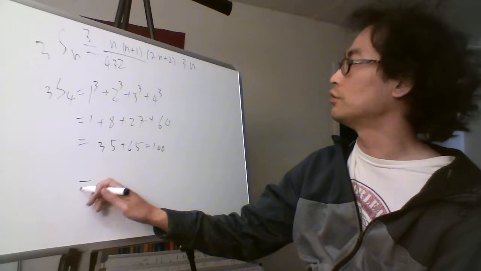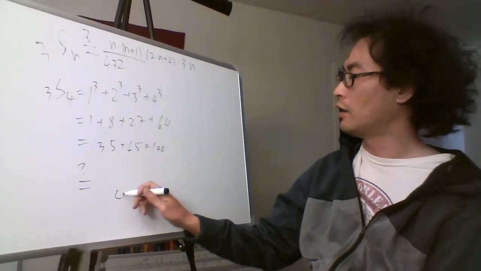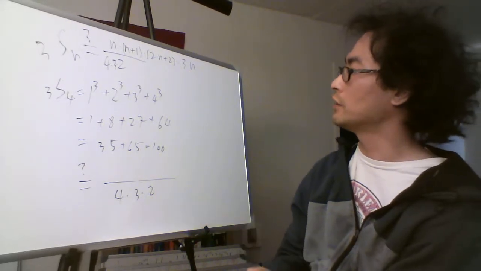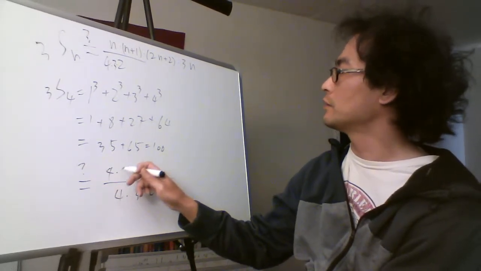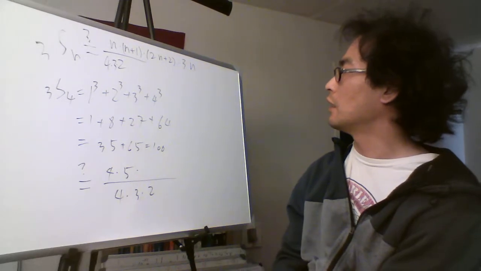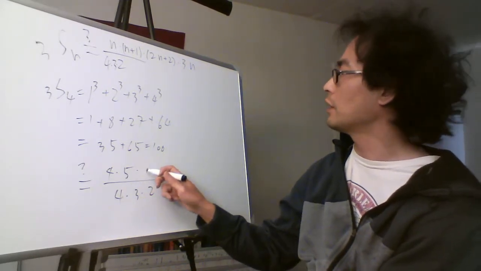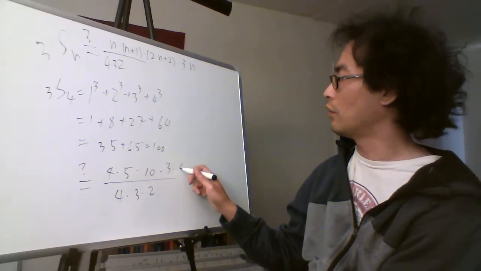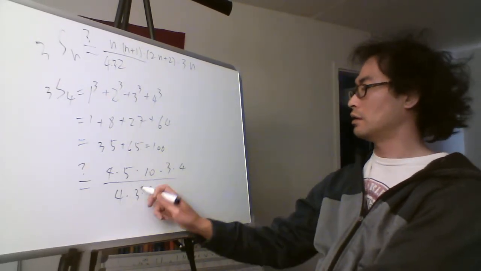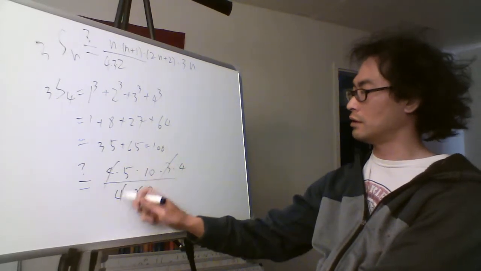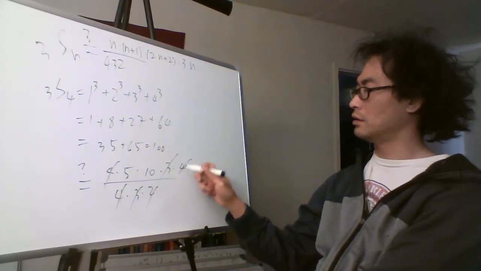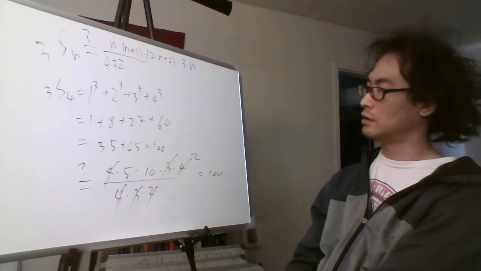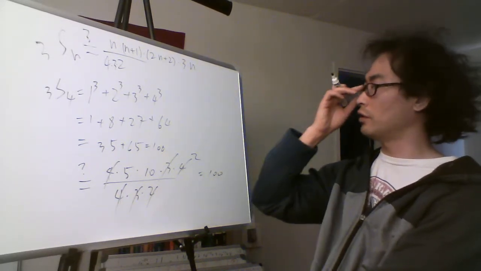Is this equal to 4 times 3 times 2 downstairs? And what is n? 4. 4 times 5 times twice of this, 10 times 3 times n, 4. Is this correct? Let's see. It is. It is correct. So this could be the formula, okay?